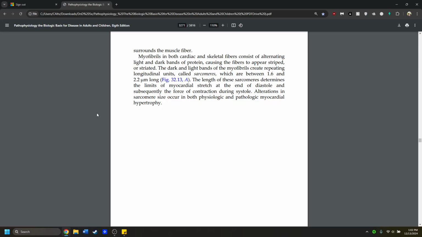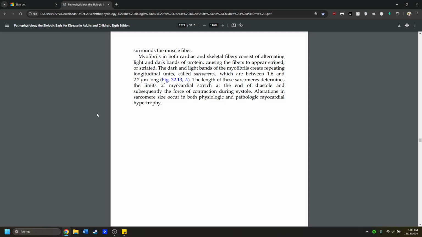The sarcoplasmic reticulum forms a network of channels that surrounds the muscle fibers. Myofibrils in both cardiac and skeletal fibers consist of alternating light and dark bands of proteins, causing the fibers to appear striped, or striated. The dark and light bands of the myofibrils create repeating longitudinal units called sarcomeres, which are between 1.6 and 2.2 micrometers long.